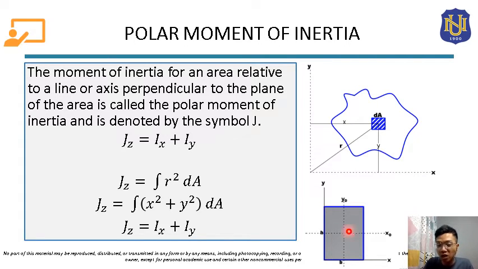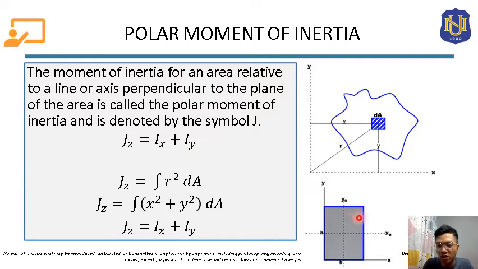So if you're going to measure the polar moment of inertia of this area, we will just need to solve for the moment of inertia of the x-axis and y-axis. So if the z-axis is located here, the x-axis will be here, and the y-axis will be here.